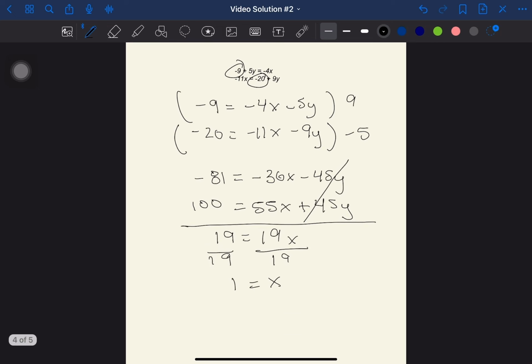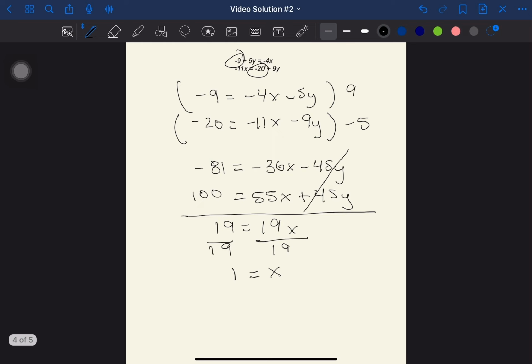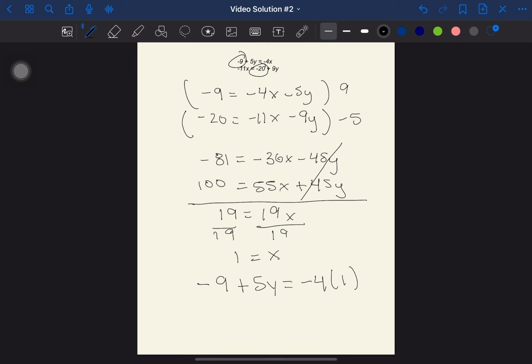Now, in order to get the y, we have to plug in the x for one of these equations. It doesn't really matter which one. I'm going to go with the one on top, and we get -9 plus 5y is equal to -4. And then we plug in the 1 for the x, and then we just solve normally.